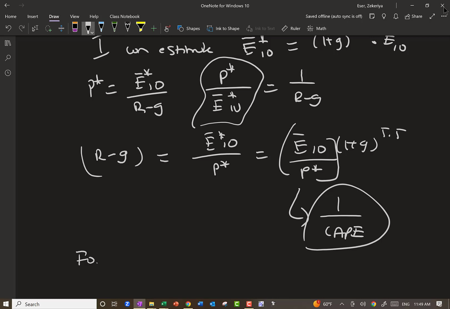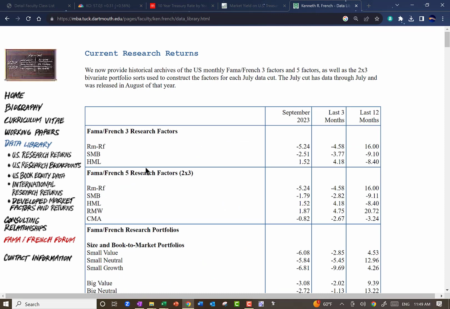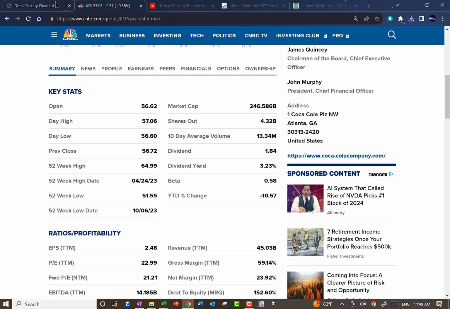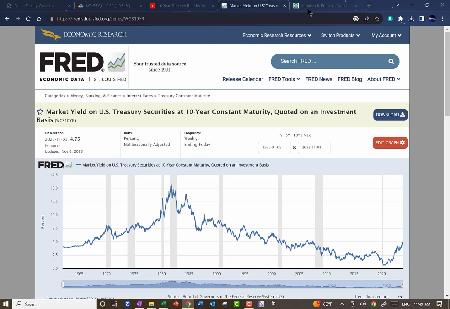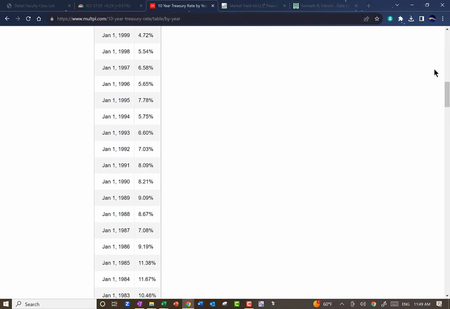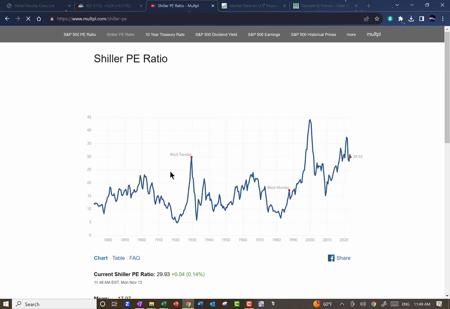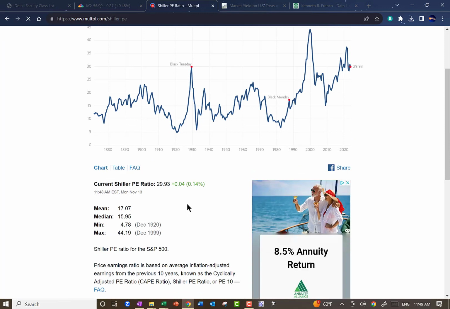For example, as of today, CAPE for the S&P 500, using that MultPL database, the Shiller PE ratio, is currently 29.93.